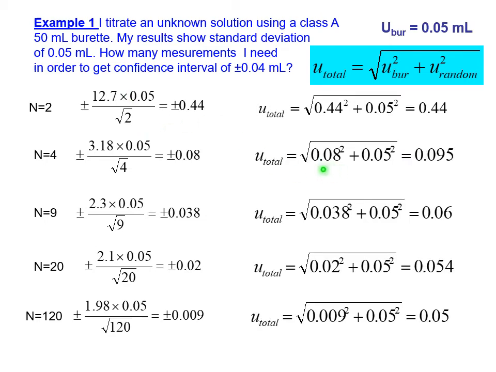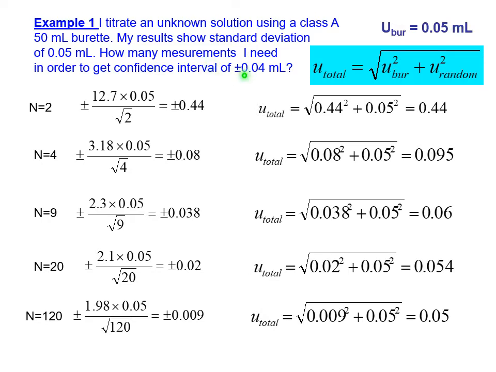But further, 0.05 is becoming close to my confidence interval here. So for 9 measurements, I do not have 0.038, I have 0.06. And then slowly, my numbers are coming closer to 0.05, the uncertainty of my burette.